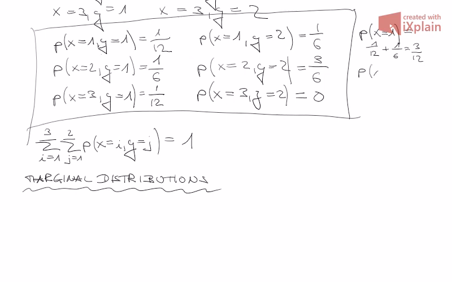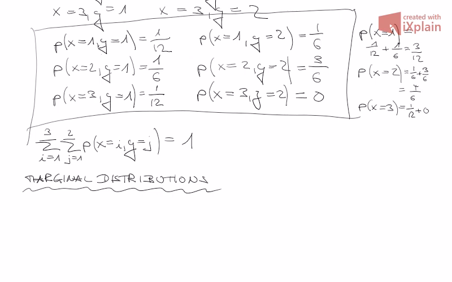For p(x = 2), we have two cases, y equals 1 and y equals 2, so 1 over 6 plus 3 over 6. That's 4 over 6. For p(x = 3), we have again two cases, 1 over 12 plus 0.